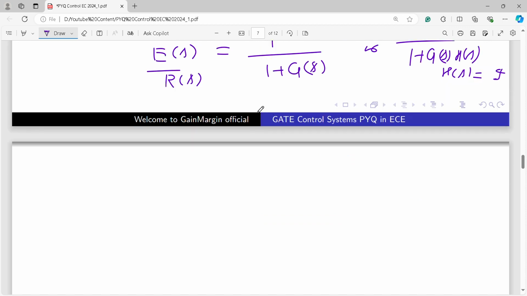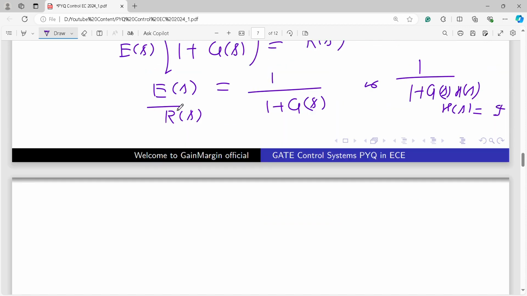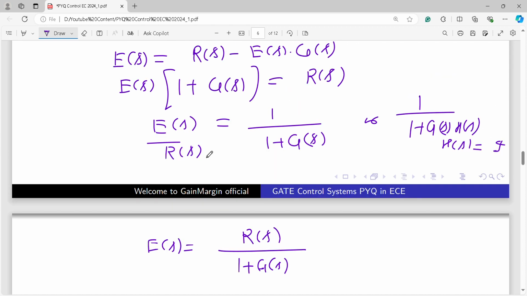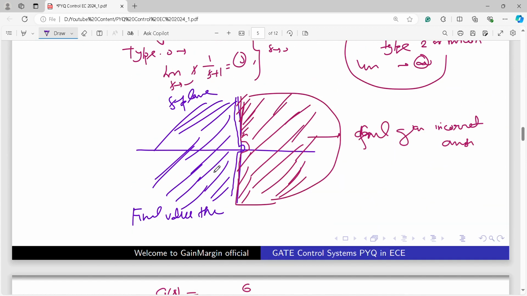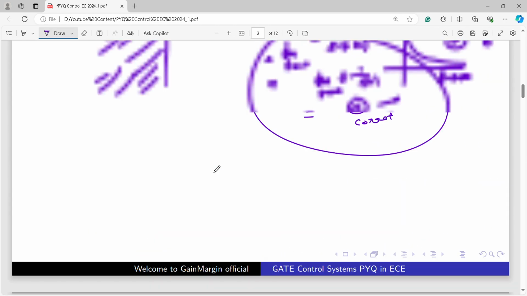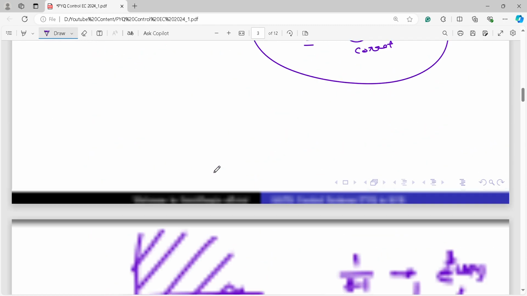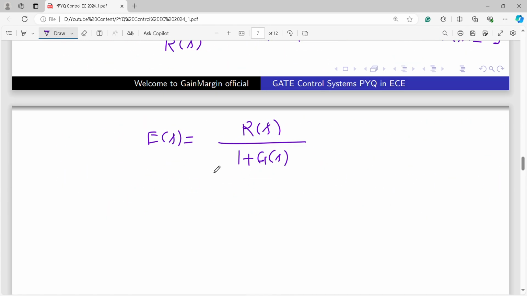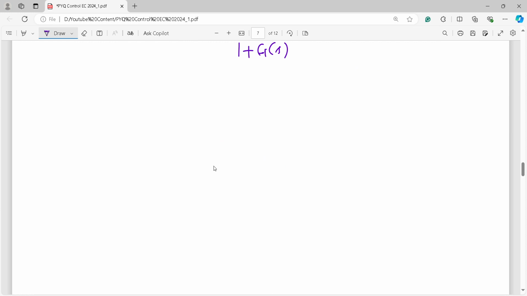So we have already derived our error signal in terms of the input, but the point is that we can find the error signal only once our system settles, meaning the system is stable. Okay, so for this, first we need to find the characteristic equation and ensure that our system is stable. So here you can see what our characteristic equation is.